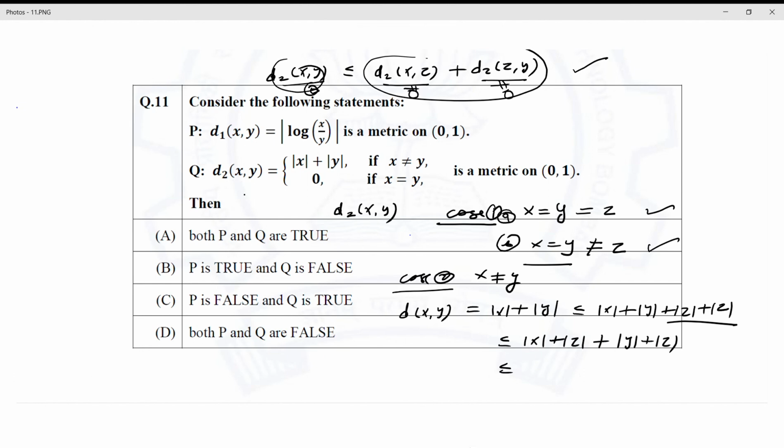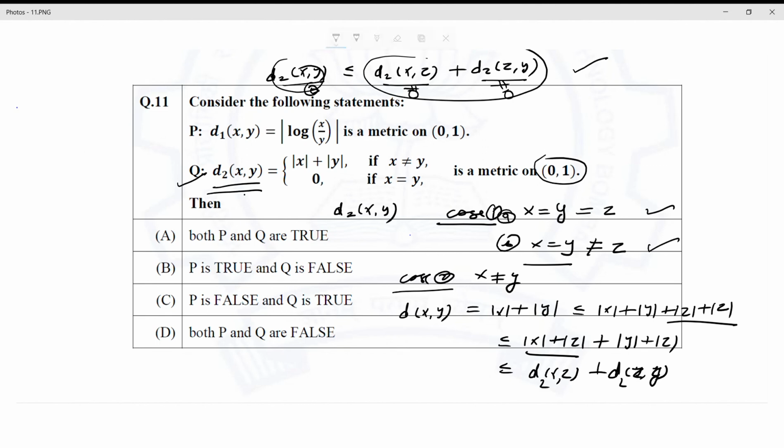So this is d of x, z and this is d of y, z or z, y. So clearly the triangle property is satisfied for d2 also. So what we get, d2 is also a metric on (0, 1).